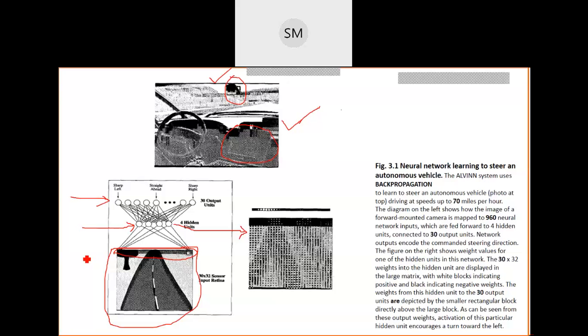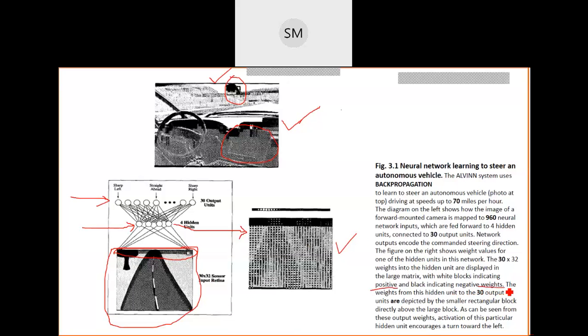This weight matrix contains some black boxes and some white boxes. These white blocks you are observing in this diagram are called positive weights.